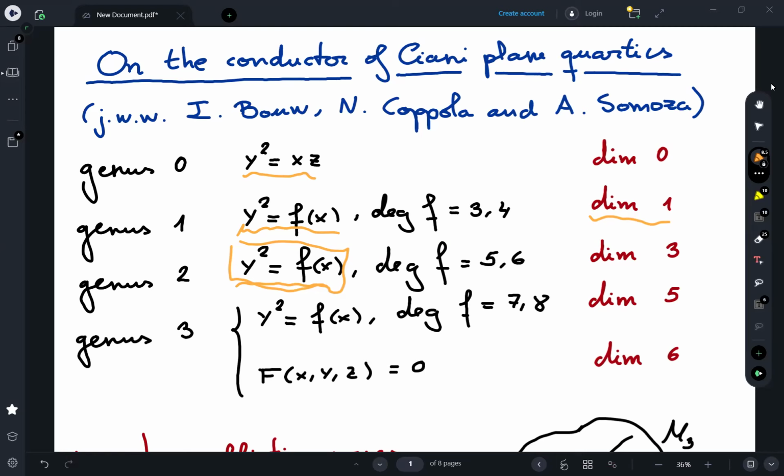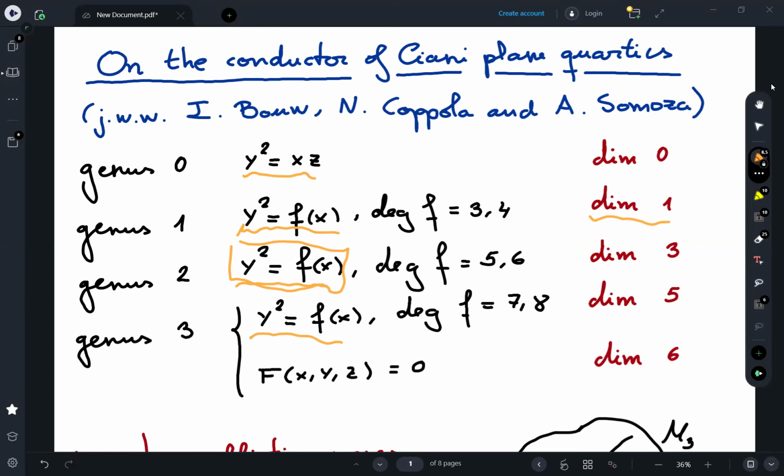This is my canonical question. Somehow genus 3 curves are the simplest curves that are still generic, in the sense that not all genus 3 curves are of the form y squared equal to f of x.